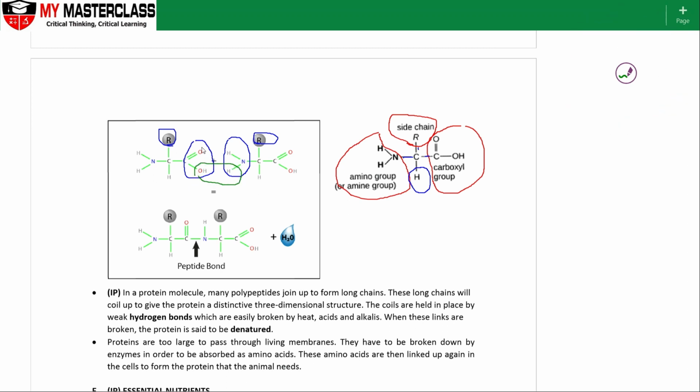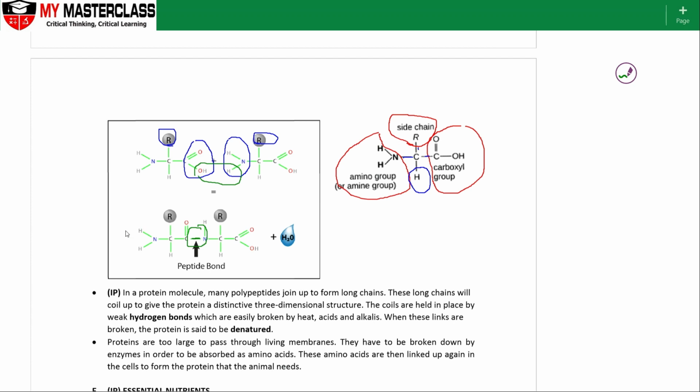I will have this O and your hydrogen, nitrogen, and carbon combining together to give me a peptide bond here. So we use the biuret test to test for the presence of proteins. The copper ion essentially forms a complex with the peptide bond, which indicates the presence of peptide bonds which exist in proteins itself.